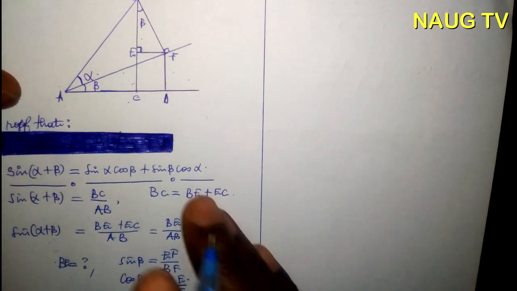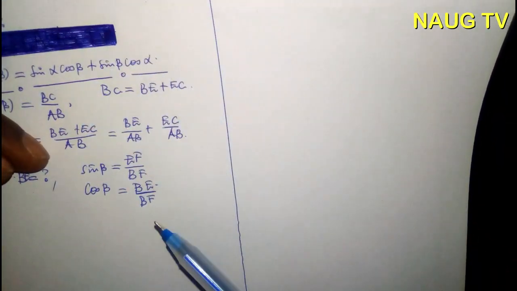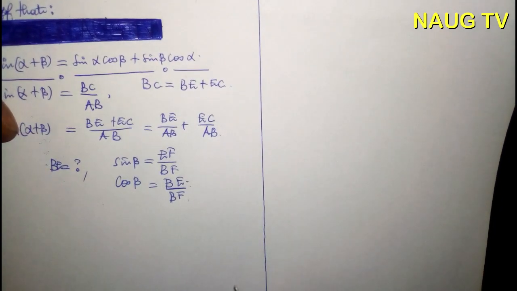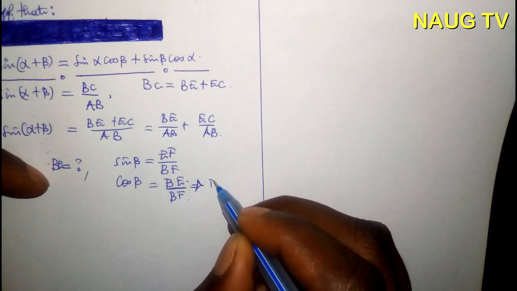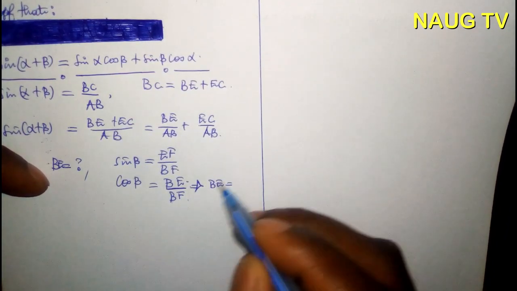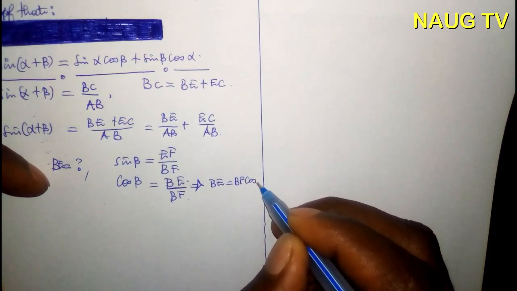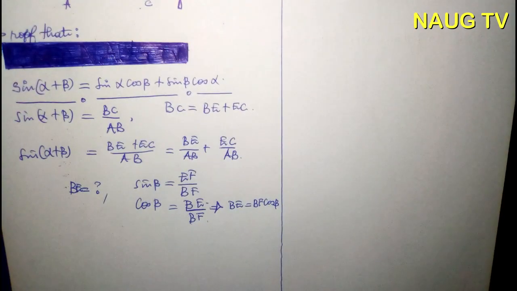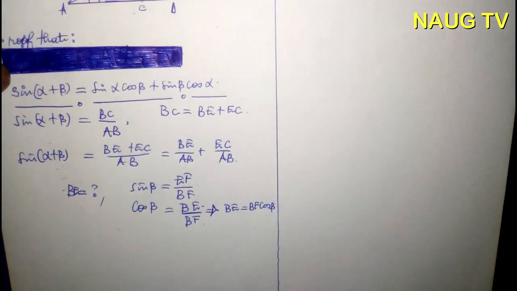So BE over BF, right? So here we can say that BE, by cross multiplication, is equal to BF times cosine of beta, right? I think BE we have seen.